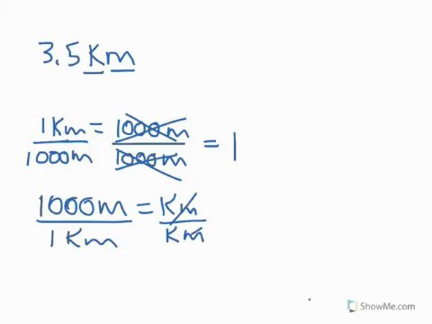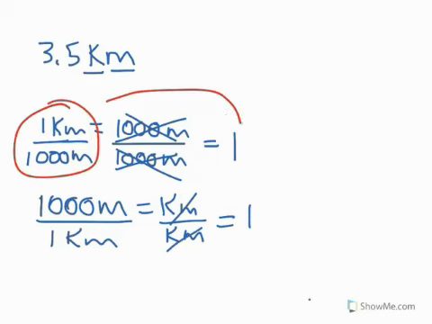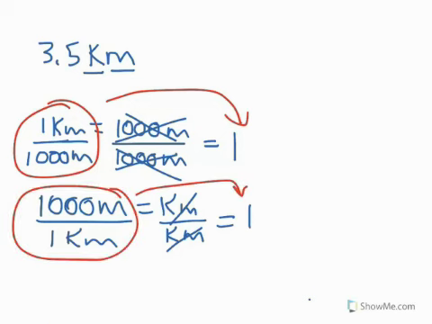And I get this to cancel over here, and I get 1. So 1 kilometer over 1,000 meters is equal to 1. Or 1,000 meters over a kilometer is equal to 1. So we'll go back to our problem. You need to understand this first, okay?